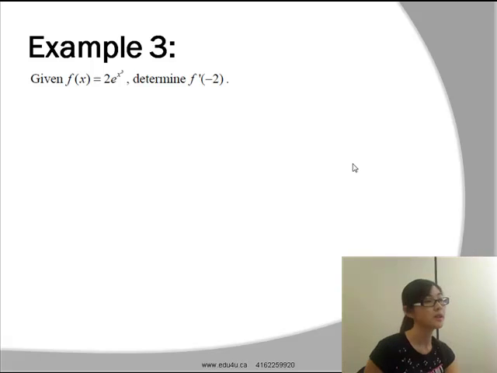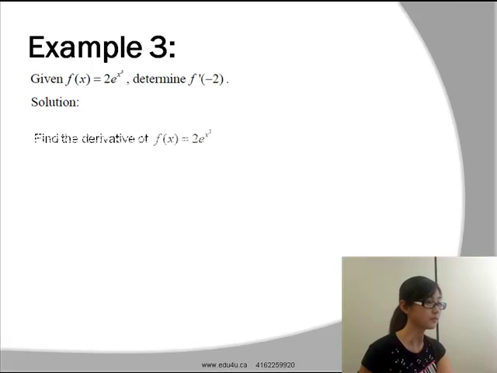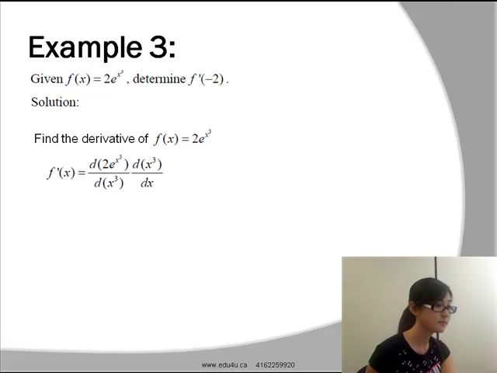Taking a look at example 3. Given f of x equals 2 times e to the power of x to the power of 3, determine the derivative of f of x when x is equal to -2. First, we have to find the derivative of f of x equals 2 times e to the power of x to the power of 3.